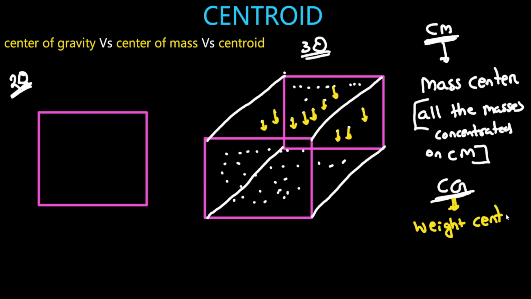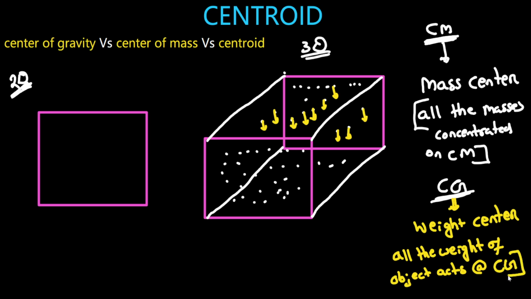That means we are considering or assuming all the weight of the object acts at the CG. Okay, you got an idea about what is mass center, what is center of mass and center of gravity.